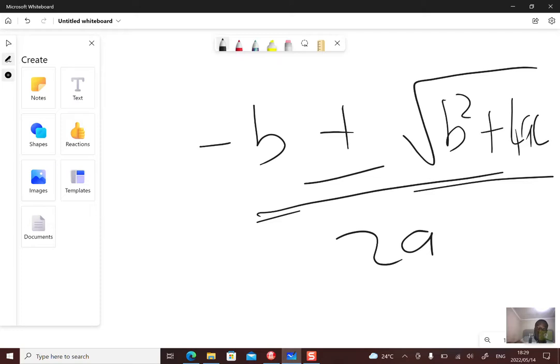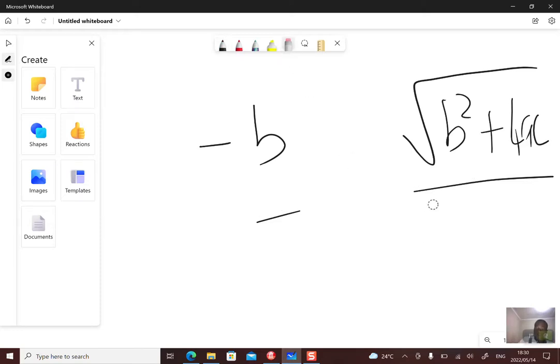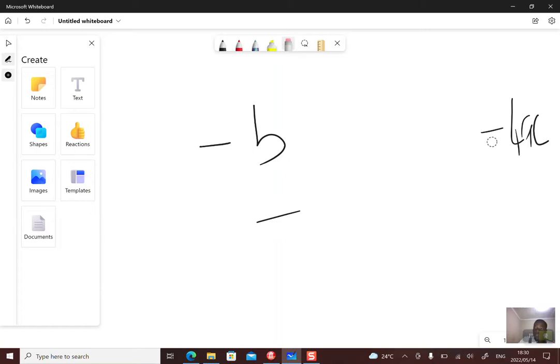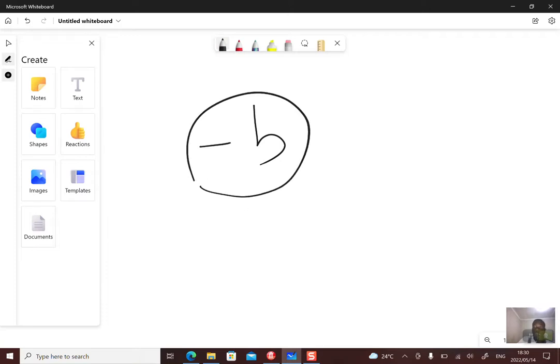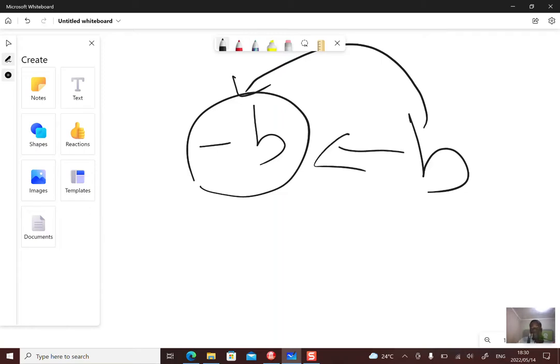So now let me just cancel this, and then what I want to do is convert these numbers into minus b. So I want to make b, and then I convert it to minus b. Right, so this is what is supposed to happen. Now let's go into the code.